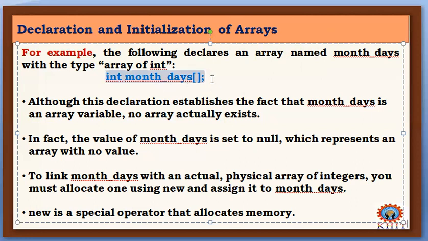It is not initialized; the values are not initialized in the array. It's just a declaration. Whenever we give the new operator, then only memory is allocated for that array.